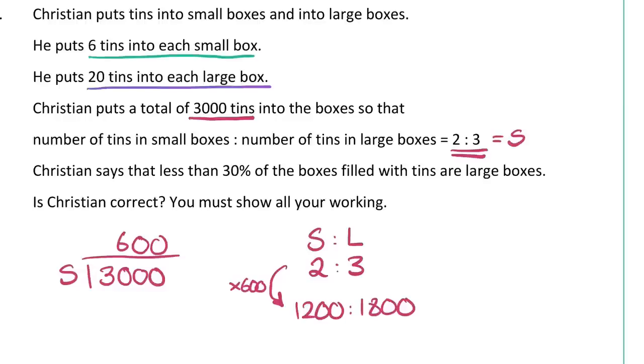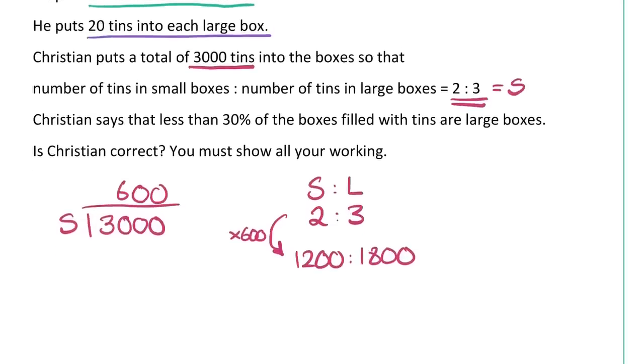So to split this now into boxes, we have here 1,200 divided by 6. You could do this to the side, I'm just going to do it below the ratio. And 1,800 divided by 20 to split that up into the amount of boxes. So you might want to write next to that the fact that we are now turning it into the amount of boxes, and before that it was just the amount of tins that we had.